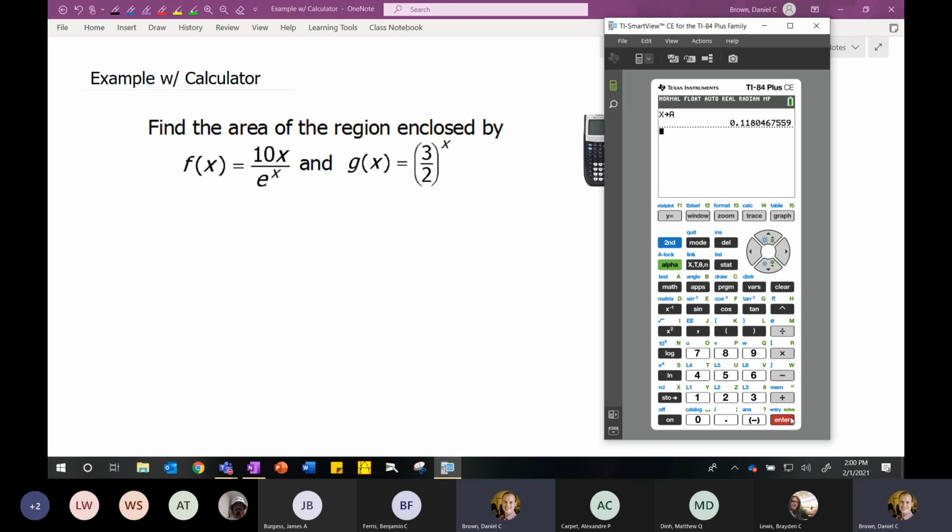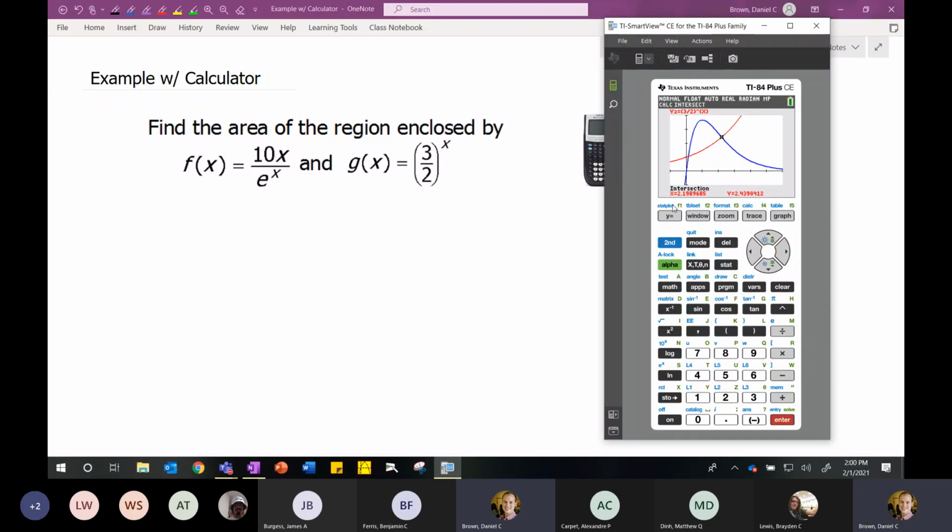I'm going to do it again. Again, watch if you need to. So I'm going to go back to my graph. Now I need to find the second intersection point. So I'm going to do second calculate. I want to find an intersection point, so 5. Y1 is the first curve, Y2 is the second curve. Again, I want my guess to be closer to the other intersection point.